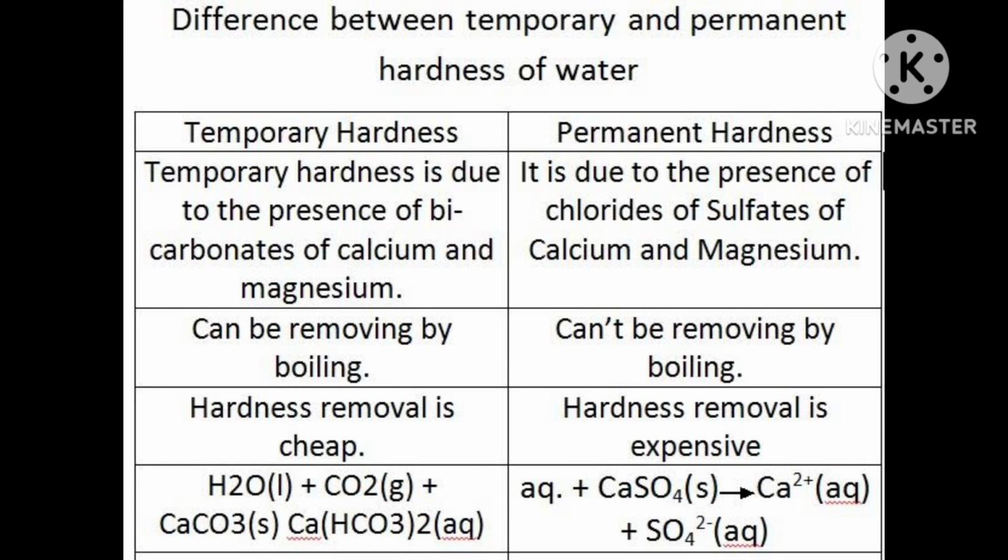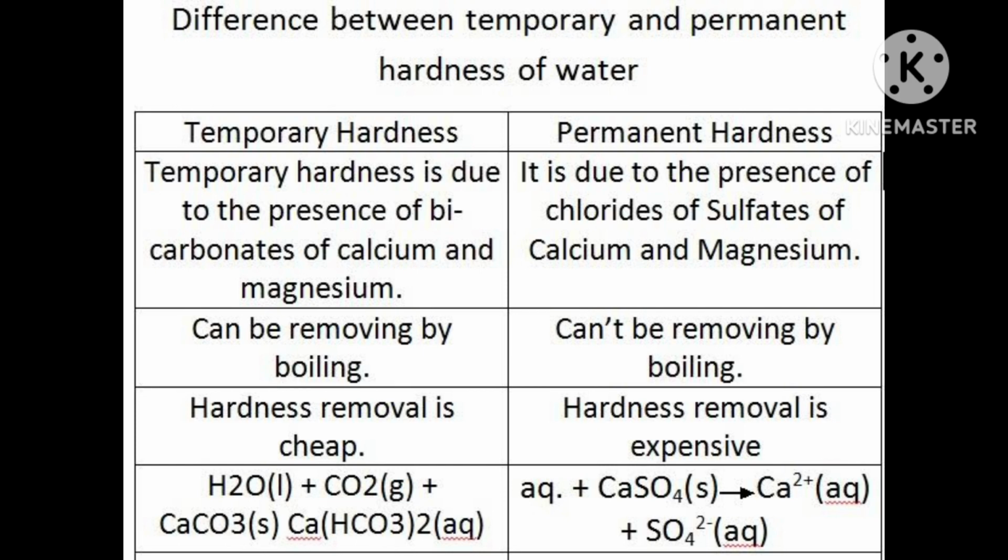This chloride and sulfate are responsible for permanent hardness. Calcium and magnesium are common in both temporary and permanent hardness. The differentiation is due to carbonate, bicarbonate, and chloride and sulfate.